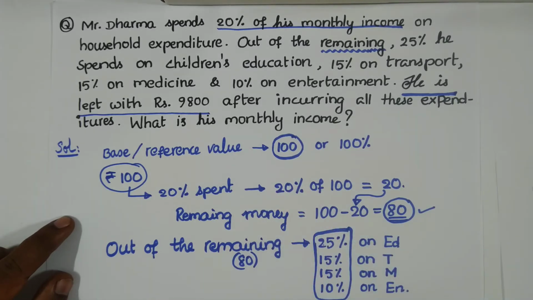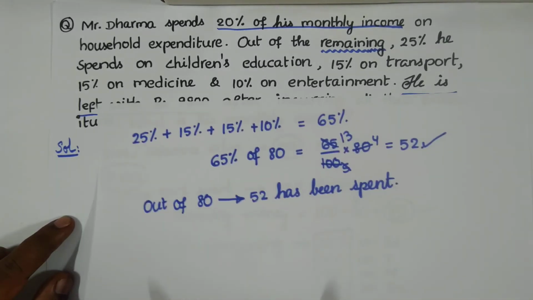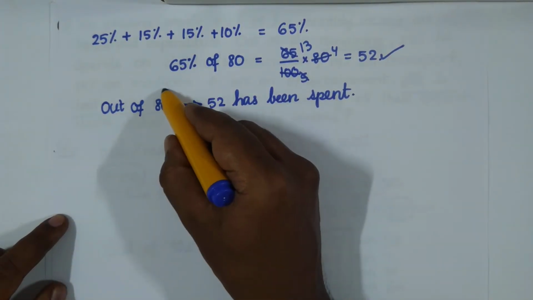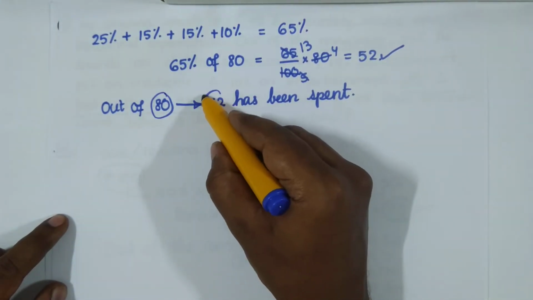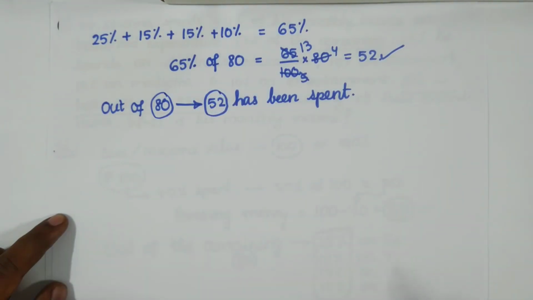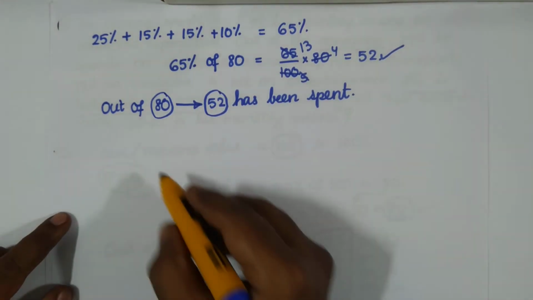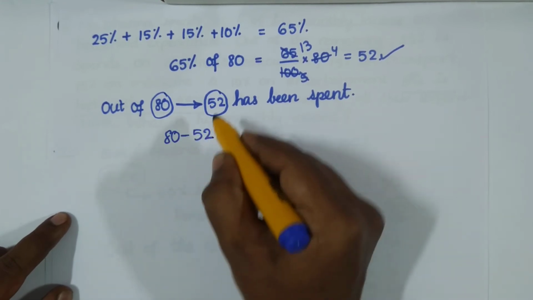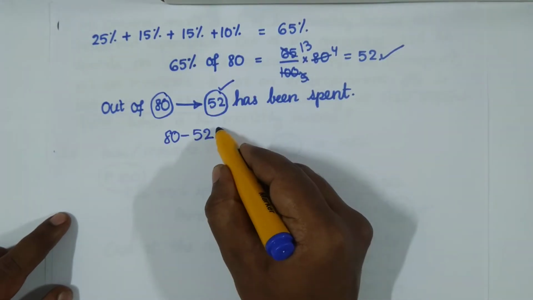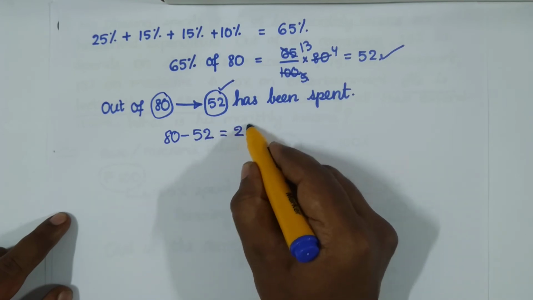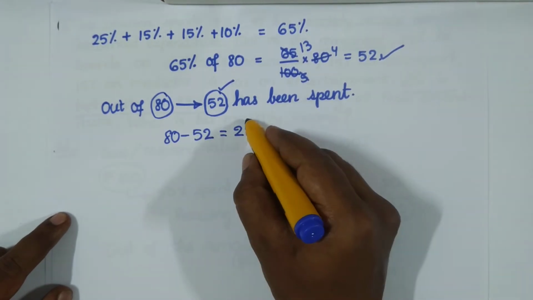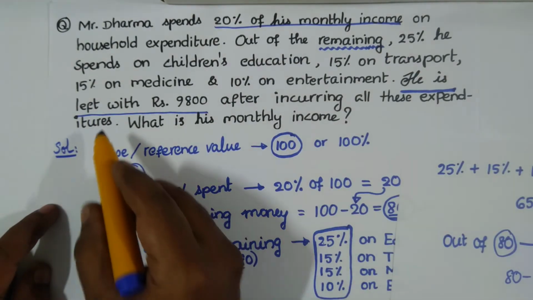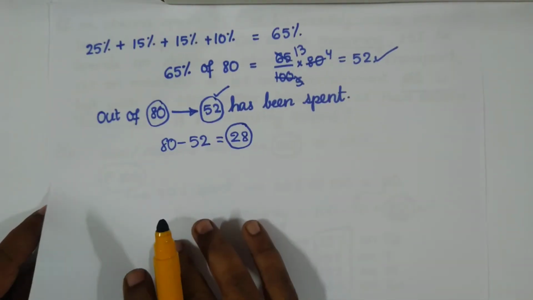So he is left with rupees 9,800 means out of 80, he has spent 52. Now he is left with what amount? That means 80 minus 52, which equals 28. He is left with 28 rupees.